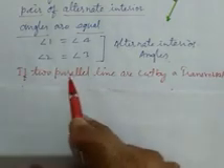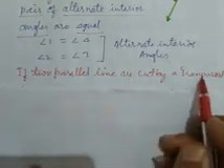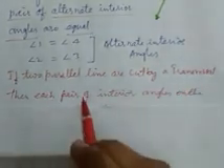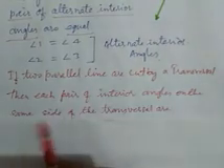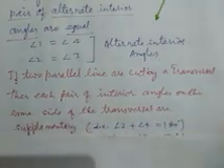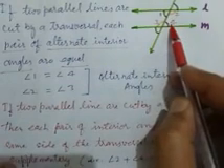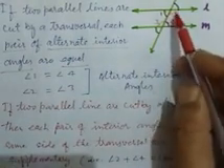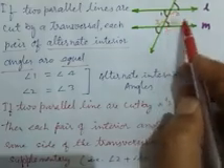Now we have a conclusion. If two parallel lines are cut by a transversal, then each pair of interior angles on the same side of the transversal are supplementary. Here the angles were on opposite sides of the transversal. Now we are discussing the interior angles on the same side of the transversal.